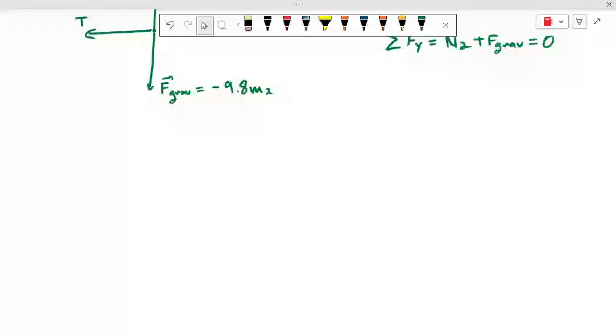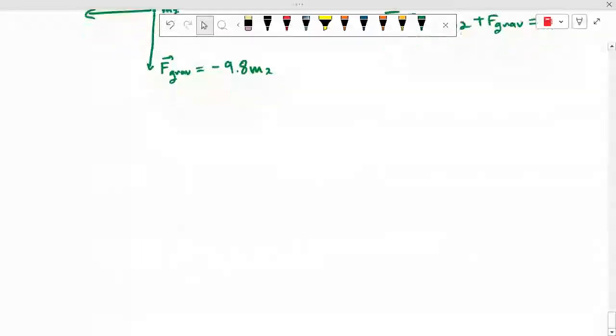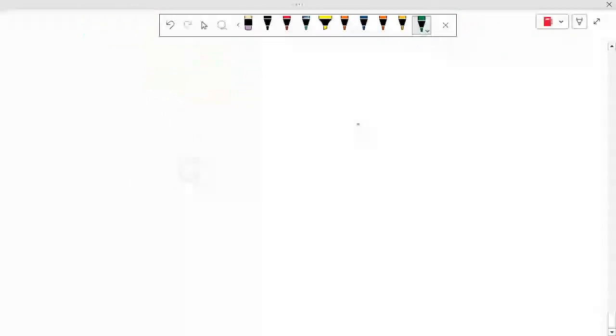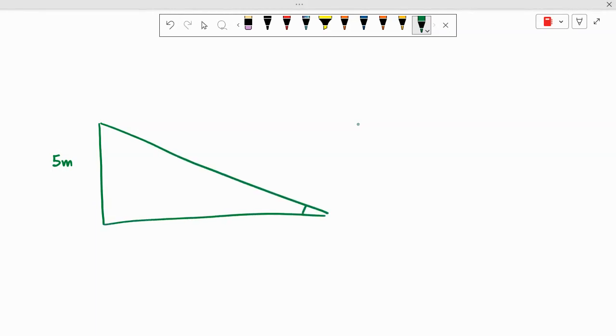I'm going to do an example problem and I'm going to wing it as I go. Let's see. We have a ramp, which is 5 meters tall, and it's inclined at theta equals 30 degrees.